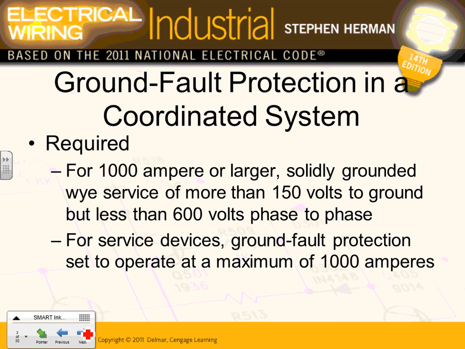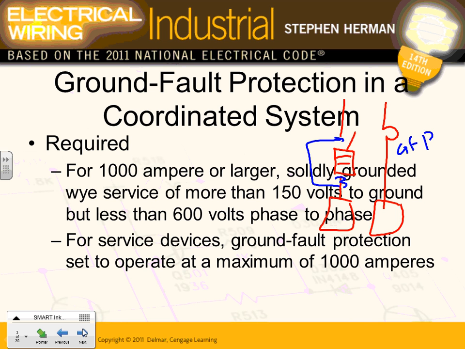Okay, ground fault protection, guys. Like I said, when you protect any system, you have a circuit breaker or a fuse disconnect. And here's a panel, any system, right? And with this, there's something called ground fault protection, a function that they also use here with a relay.